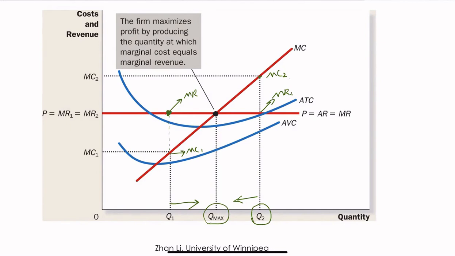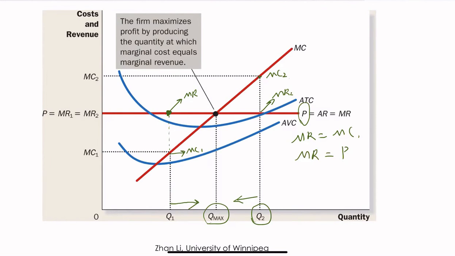Now, how do you get Q max? Well, it is really the intersection of the marginal cost curve and this price line. We know that if marginal revenue equals marginal cost, then this firm is maximizing its profit. But we also know marginal revenue equals price.